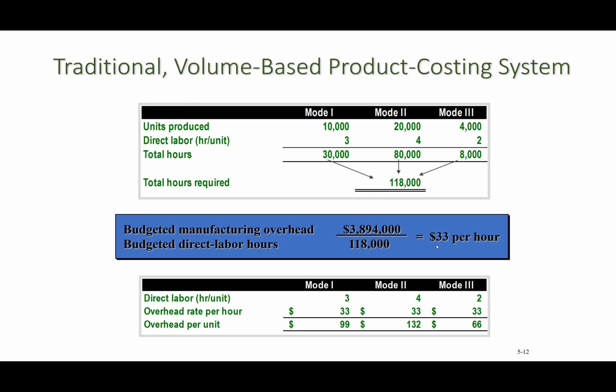Since it takes us 3 hours to produce one unit of Model 1, and each hour costs us $33, one unit of Model 1 costs us $99. For the same reason, one unit of Model 2 costs us $132 in terms of overhead cost, and Model 3 costs us $66, all right? So hopefully that calculation is pretty straightforward.